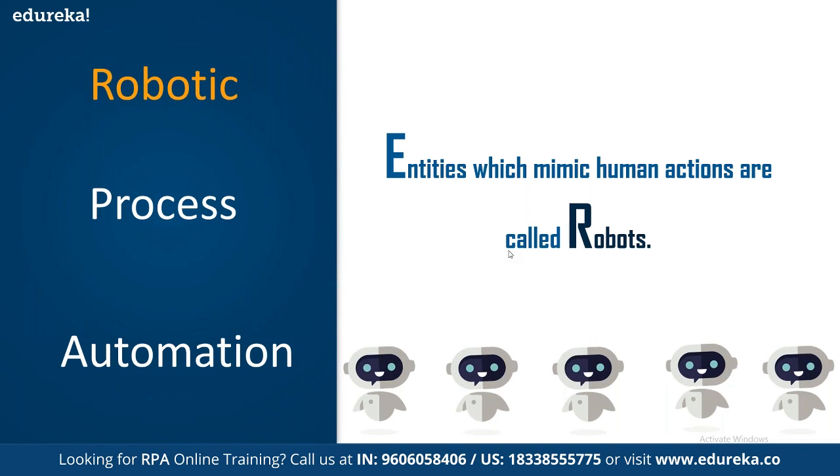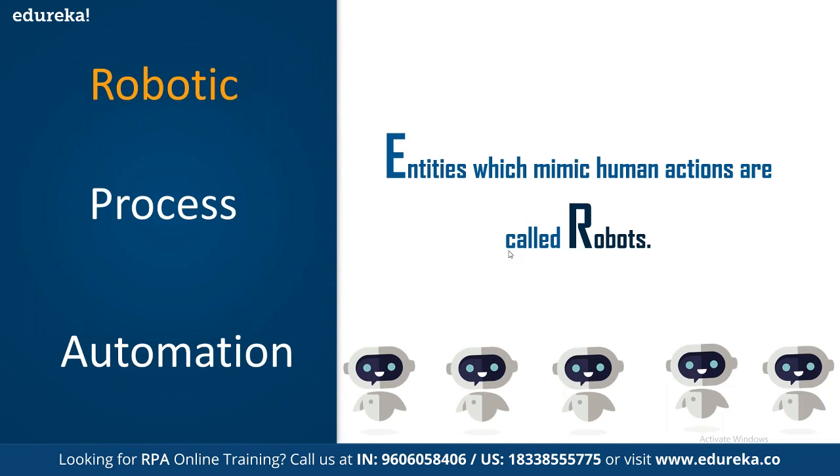That would not only cost us less, but it will also be less tiresome for us and for others as well. So we can summarize that mimicking human actions to perform a sequence of steps that leads to a meaningful activity without any human intervention is known as robotic process automation.